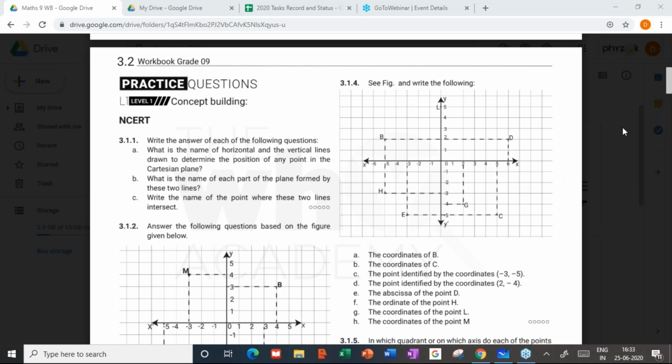Mansi says H. Why, Mansi? I'm asking you the coordinates -3, comma -5, which will be, first you read from X. X is the horizontal. So horizontal, -3 will be right here. And then -5 on the vertical. Okay, what question are you guys answering with H?